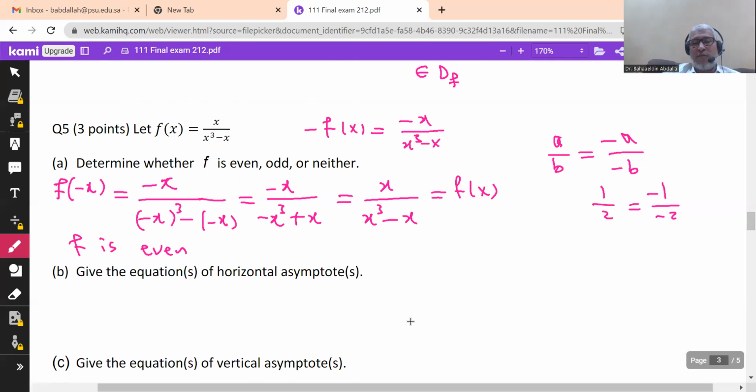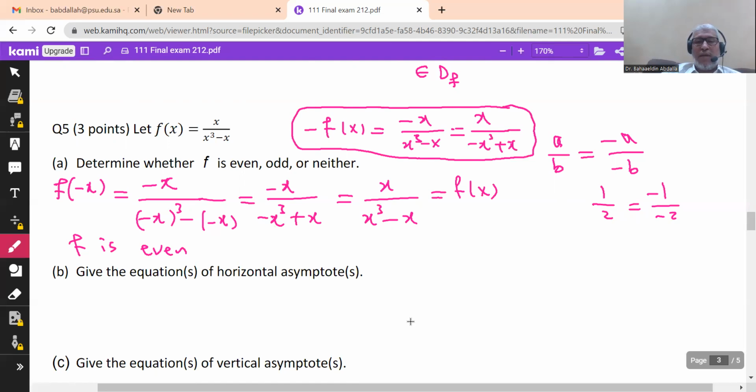You multiply only the numerator, or you multiply only the denominator by negative, okay? So this is negative f of x. And it is not equal to this one. It is not equal to f of negative x, okay? Because here I have negative x, the denominator is different, all right? And here the numerator is different. So I hope you understand this point. It's very easy. Whenever you have a over b, you can write it negative a over negative b.